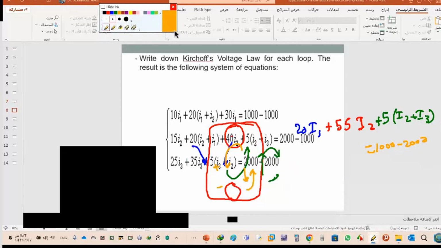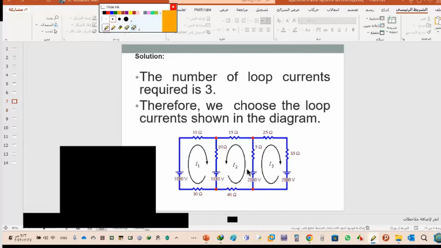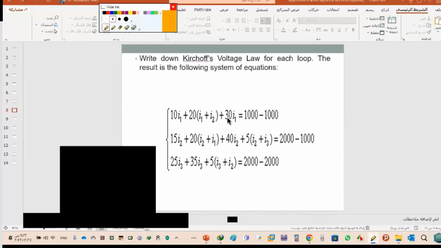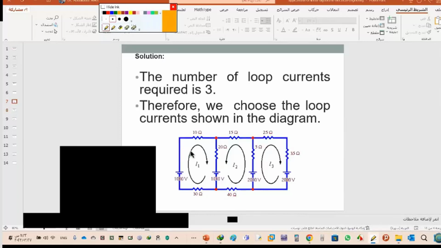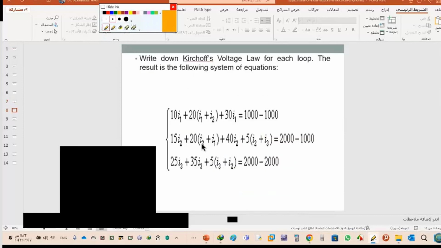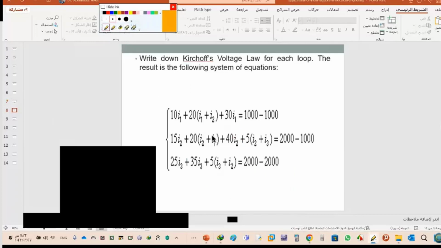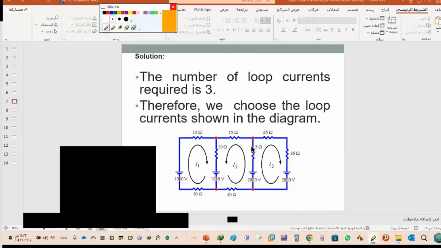Let's see our book and check. Okay. Here we have 2000. This is all important. We will rearrange. So it's 15 I2, in direction. Then 20, 15 I2, this is I2 here. Also we have 40 I2 below. In this one we have I1 positive I2. We have I1 plus I2 in this one. Then 5, we have both, see the same direction.